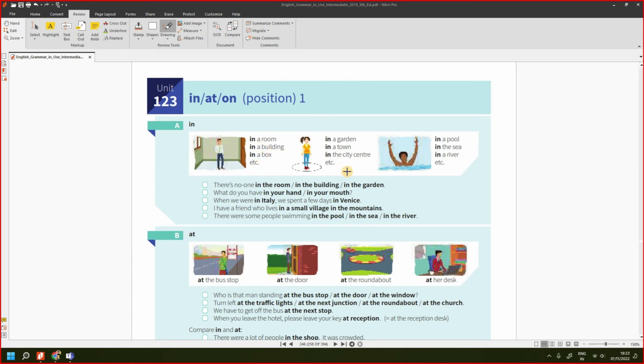You have to remember this. The second thing is, in a garden, in a town, in the city center. Now here you can also use "the." Now I told you when we were reading the articles, I told you "in a garden" means it is not a specific garden, any garden. It could be any garden. If I say I was playing in a garden, that is any garden, not a particular garden.